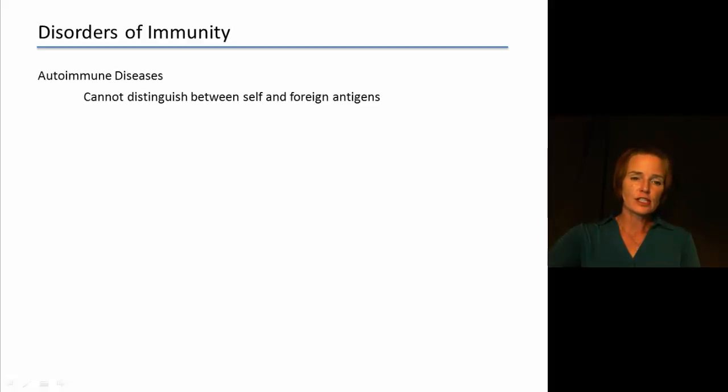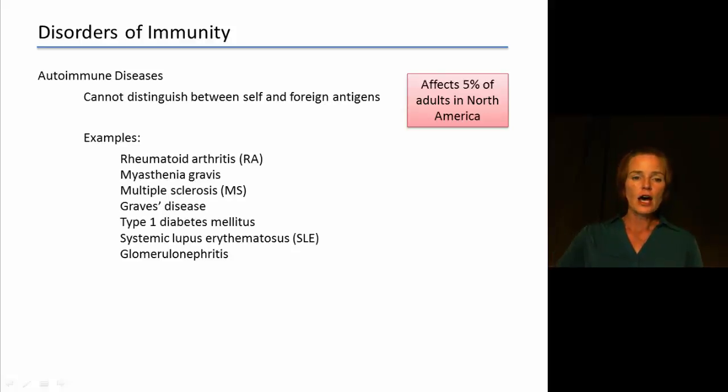If we talk about disorders of immunity, there are several different disorders of immunity. We can have autoimmune diseases. With autoimmune diseases, auto means self. This is when the body basically cannot distinguish between self and foreign antigens, and so what this means is that the body starts to attack itself. Examples of this, you've got a long list written here, but it's not an exhaustive list by any means.